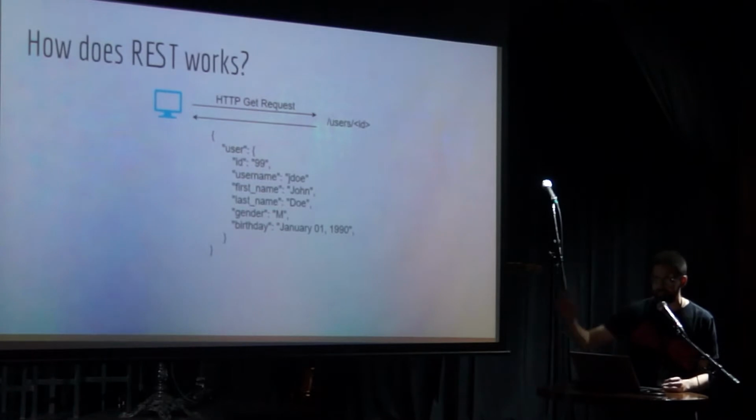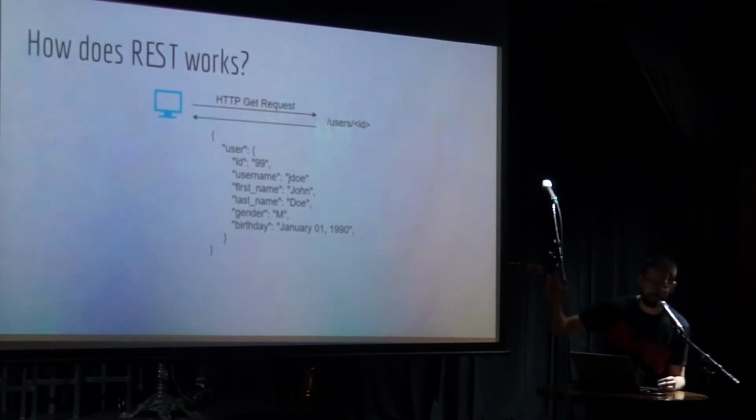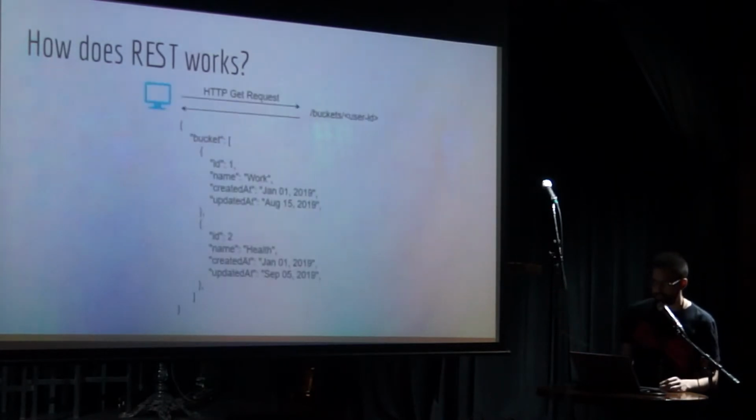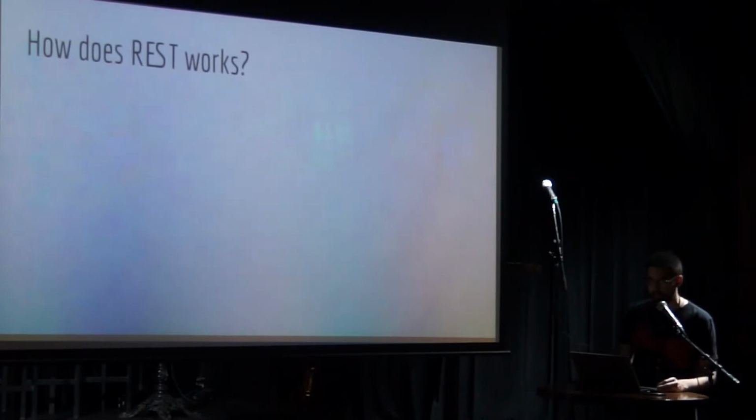It comes with a response with lots of information and the username of the user. Then you do another request like buckets/user ID to get all the buckets related to that user. And it comes again with a response with lots of information that maybe you don't need, you just want the name of the bucket. But it's okay.